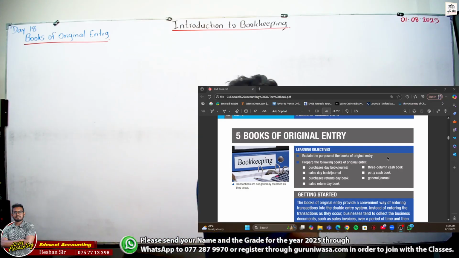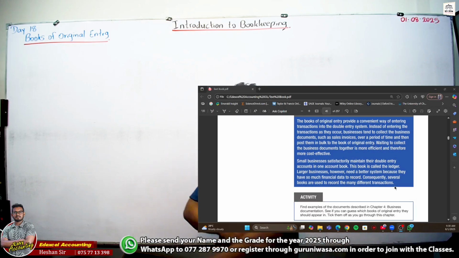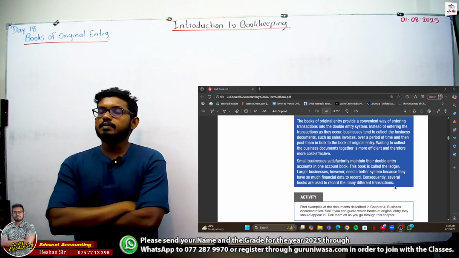Getting started: the books of original entry provide a convenient way of entering transactions into the double entry system.